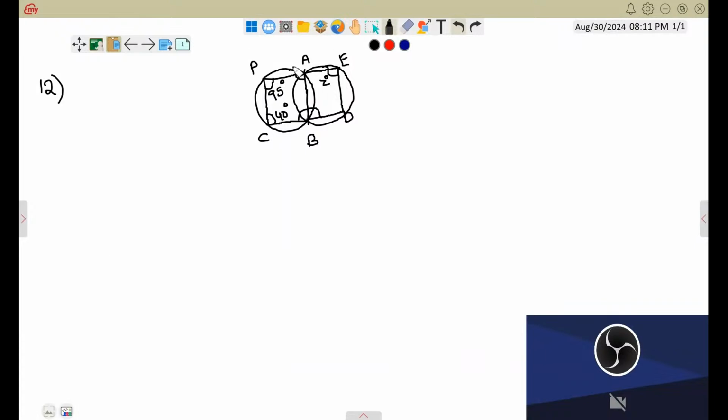See, if you observe here, there are two quadrilaterals. One is PCBA, a cyclic quadrilateral. ABDE is another cyclic quadrilateral. So if you observe the quadrilateral PABC, angle P and angle B. In a cyclic quadrilateral, opposite angles sum is 180 degrees.